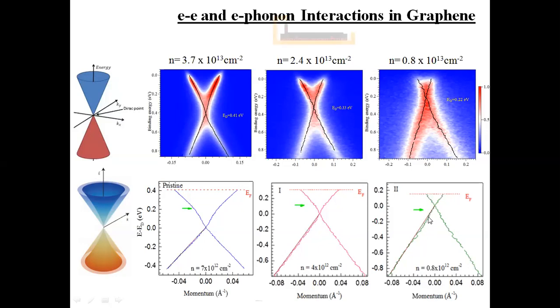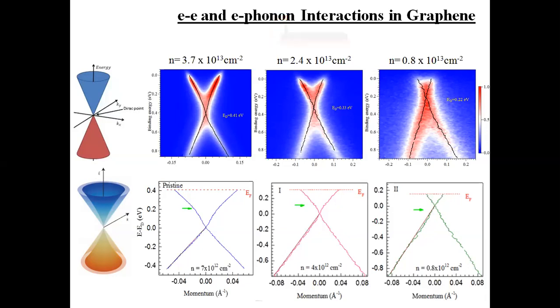So this band is actually deviating from linearity, and this is what is predicted from theory. If the electron-electron interaction increases in the system, which happens when the carrier density decreases, then your band structure near the Dirac point will deviate from linearity, and you can see the deviation increases in this direction. So that is the signature of the electron-electron interaction.